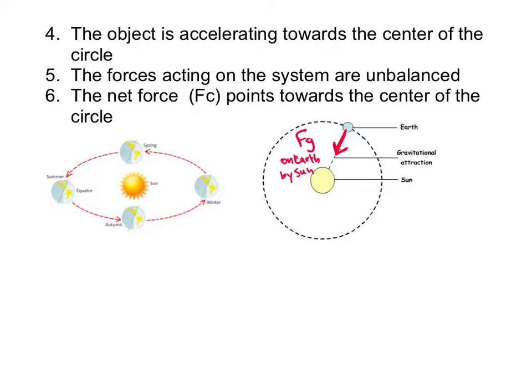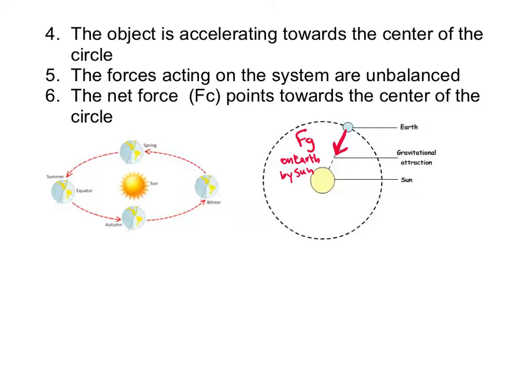Now, it just so happens that that net force, or that centripetal force, can be made up of any force depending on the situation. For example, here we have the force of gravity because the Earth is attracted to the sun via gravity. In the previous slide, we talked about someone whirling a ball attached to a string above their head.